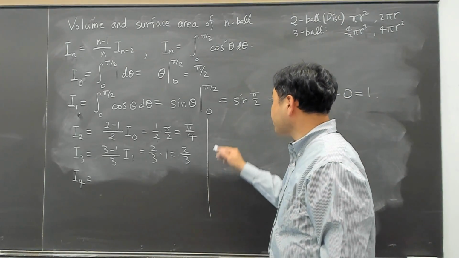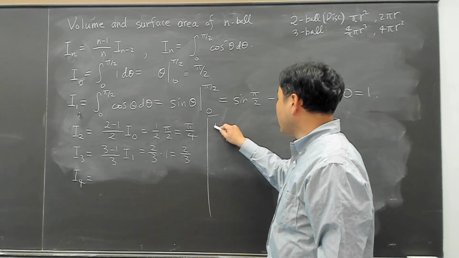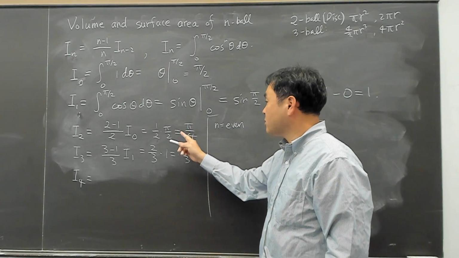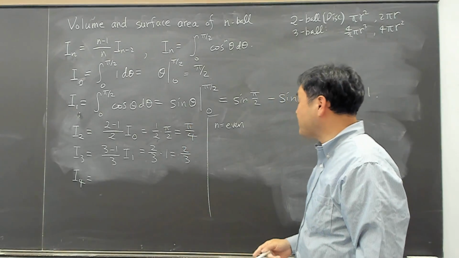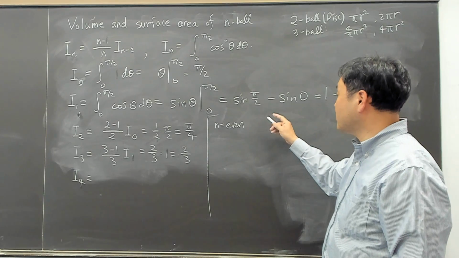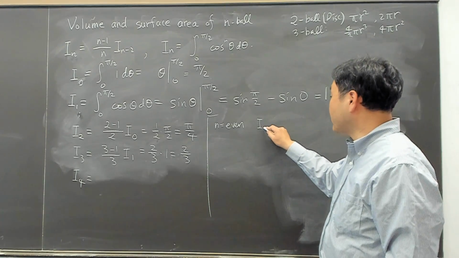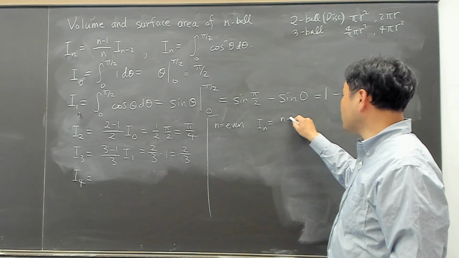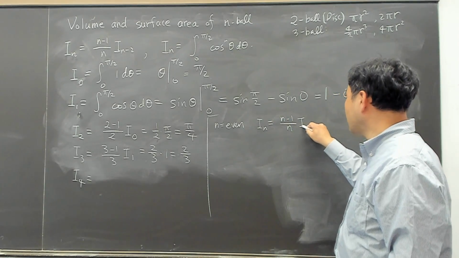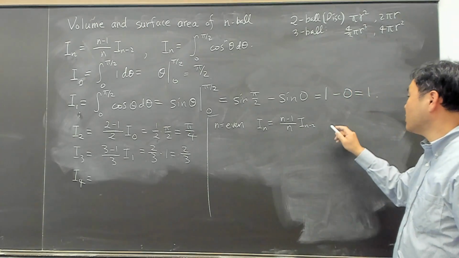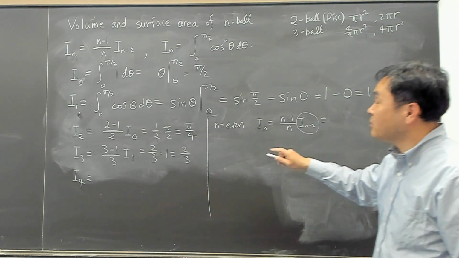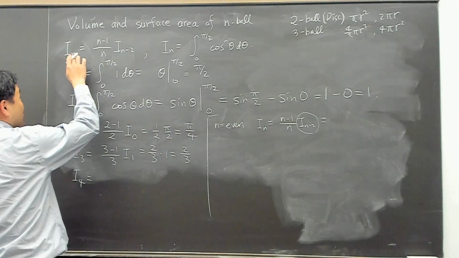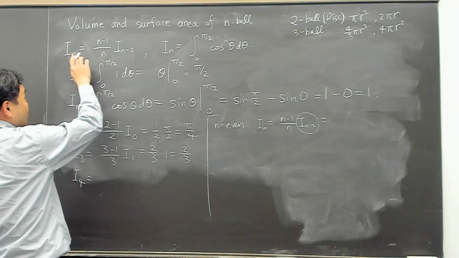So let's do this. If n is even, then just like this, we're going to get something with a pi. Okay, so we get I sub n equal to (n minus 1) over n times I sub n minus 2. But I can use this formula again for I sub n minus 2 by replacing this n by n minus 2.